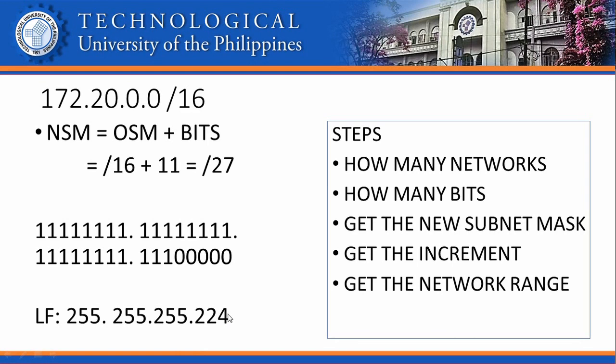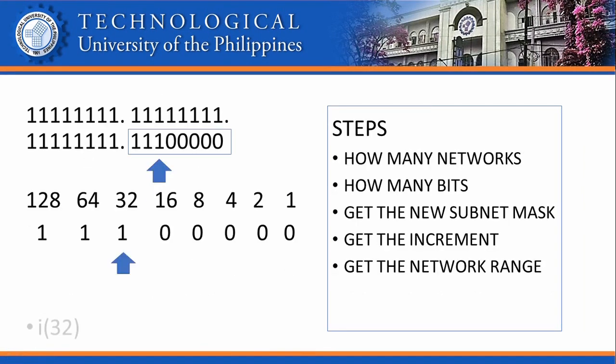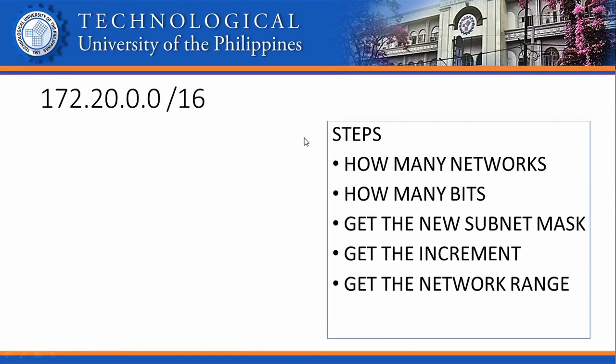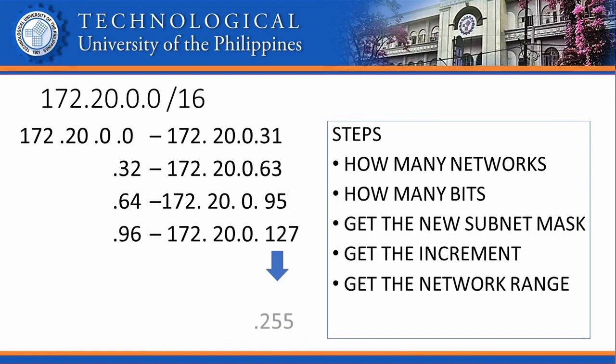Which octet? Yung fourth octet. So, doon tayo magdadagdag or mag-i-increment, no? Sa 0.0, yung pinakadulo. 0.32, 0.64, 0.96. Yun yung mga network address natin. And for our broadcast address, 0.31, 0.63, 0.95, 0.127. So on and so forth hanggang mag 0.255.